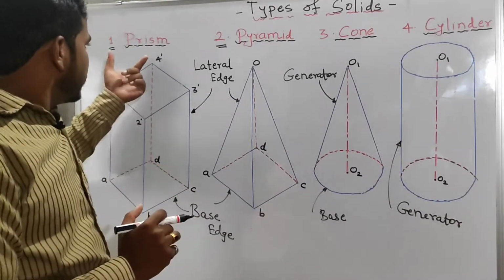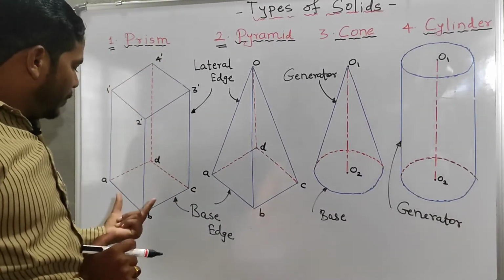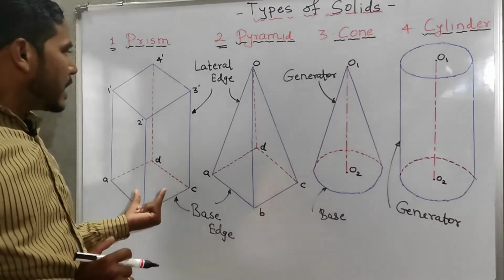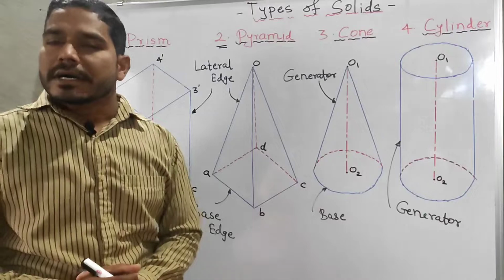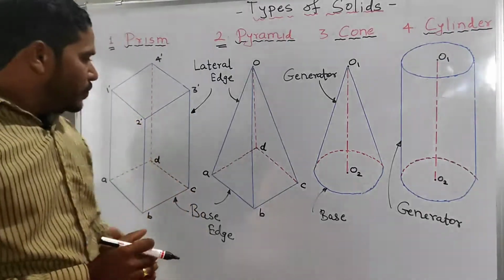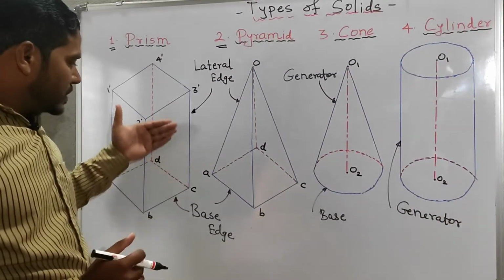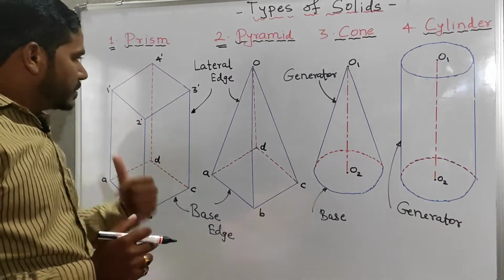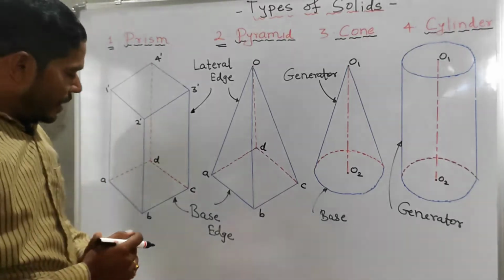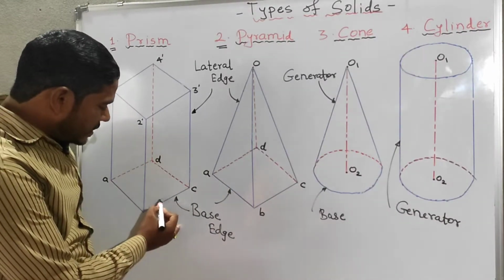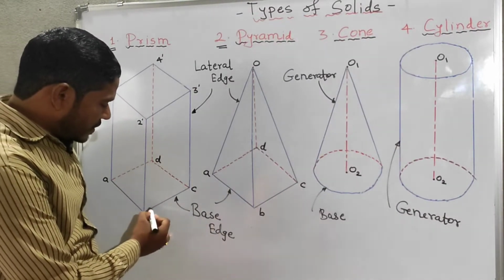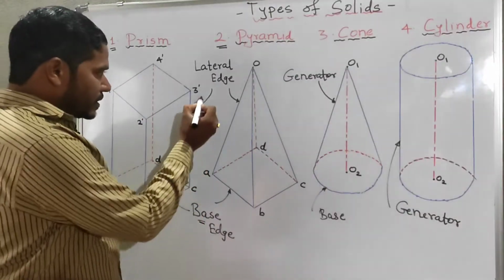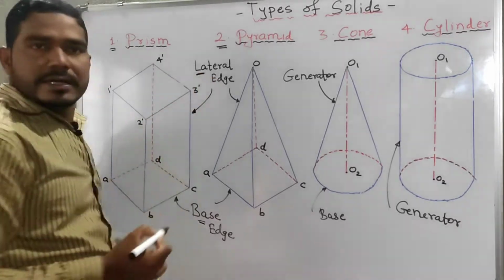In a prism, its bottom face is identical to its top face, and the prism is formed using these faces. The edge of its base we call a base edge, and this edge we call a lateral edge.